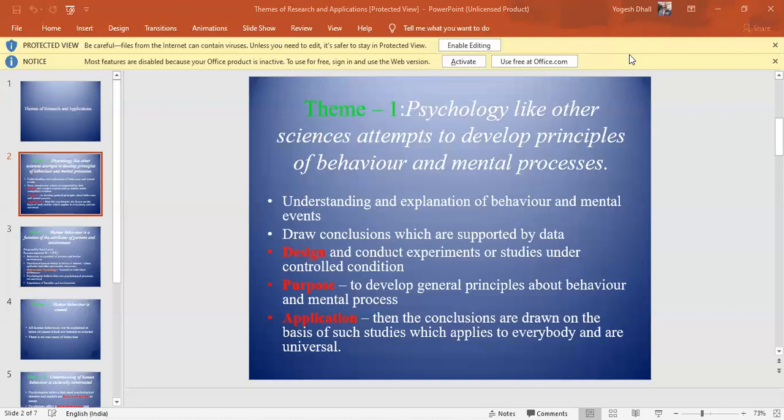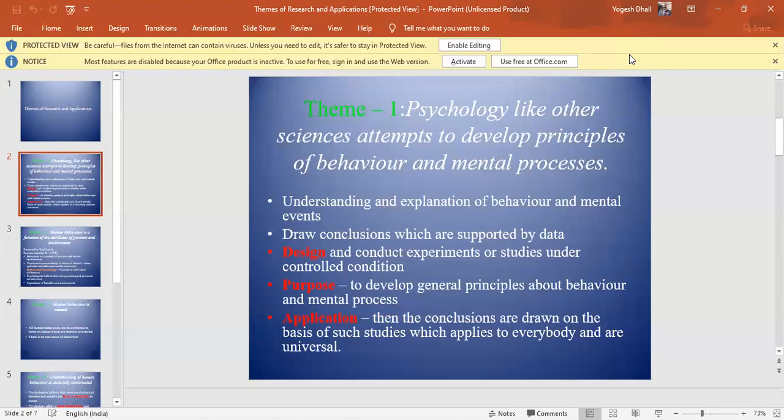So for this, you have to explain some points. These are, first is understanding and explanation of behavior and mental processes. First and foremost attempt of psychology is to understand and then explain how behavior is differed. Why we find so many different behaviors at the same time.